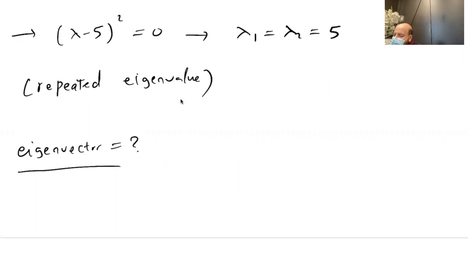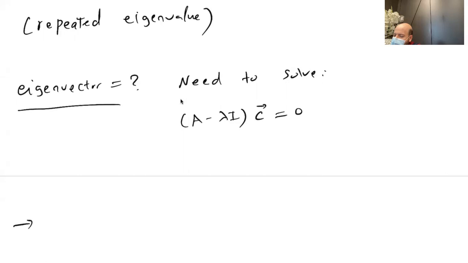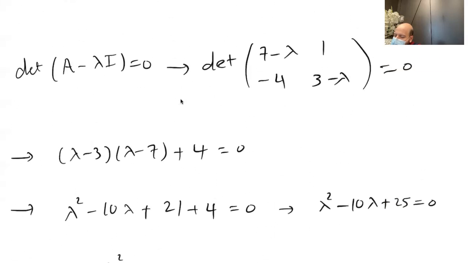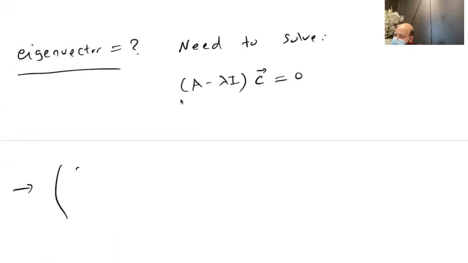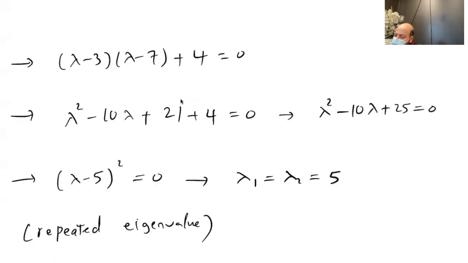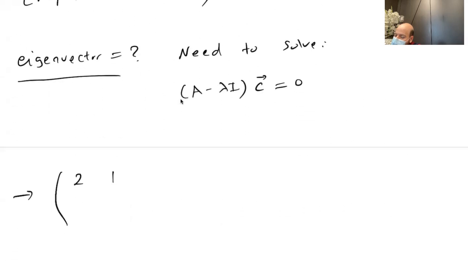How can I find it? We need to solve A minus lambda I times, let's say, c equals 0. This is vector c. So that means A minus lambda I, and lambda is 5. So 7 minus 5 is 2, 1, and minus 4, 3 minus 5 is minus 2.